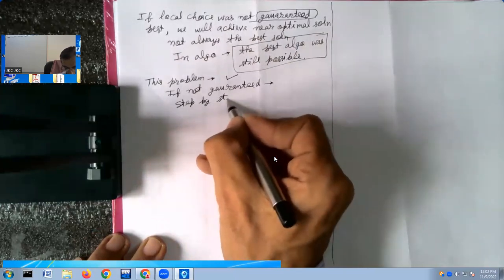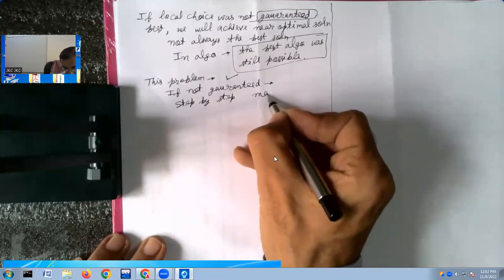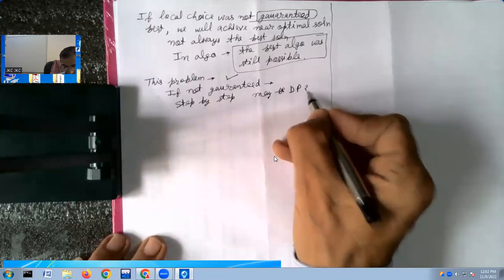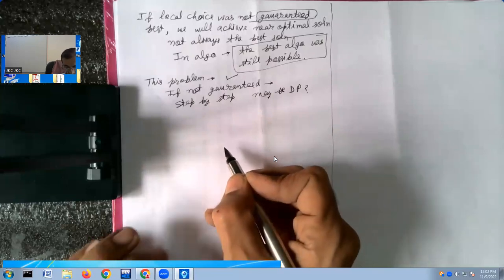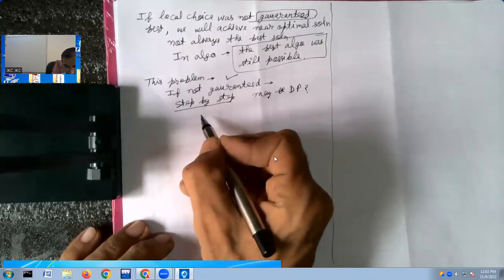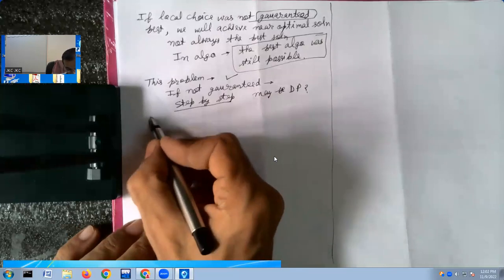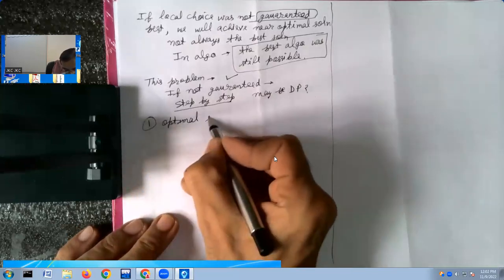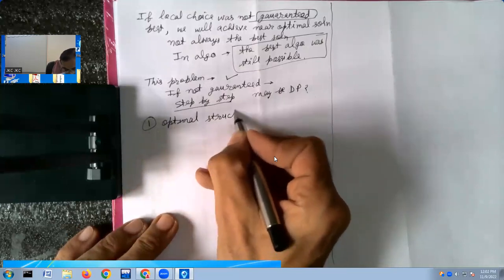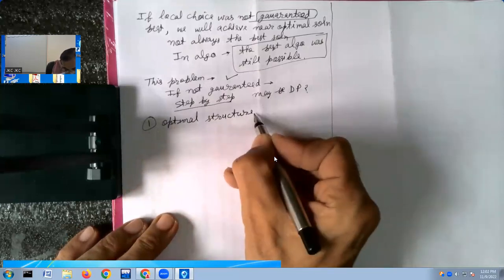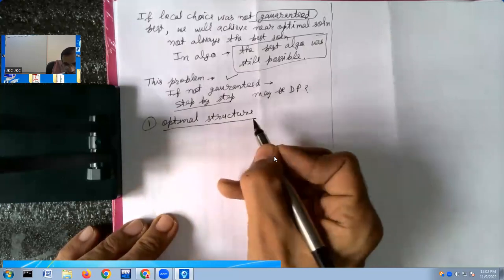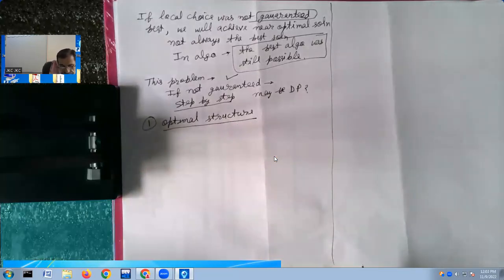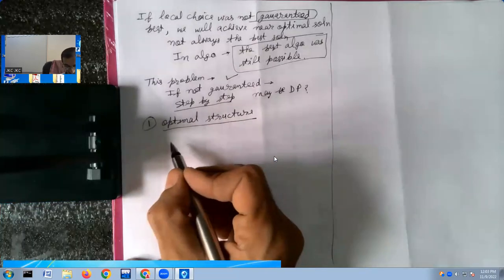Maybe I'll find a DP solution to be possible, or divide and conquer, and then if I'm able to make a good greedy choice, maybe I can do that. First of all, obviously, I have to find the optimal structure, using optimal substructures, and if they are overlapping, DP can be one way. The optimal structure has to be decided.